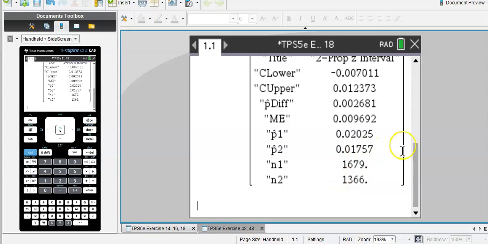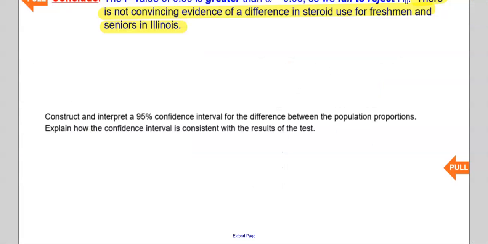So we run it, and let's see what we get. We get a lower level of 0.007011, an upper level of 0.012373, and let's see how we will answer this question. Explain how the confidence interval is consistent with the results of the test.